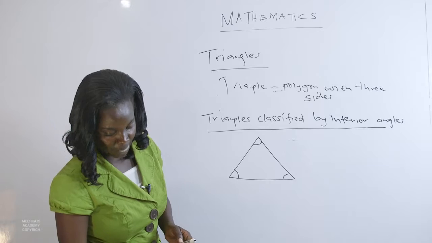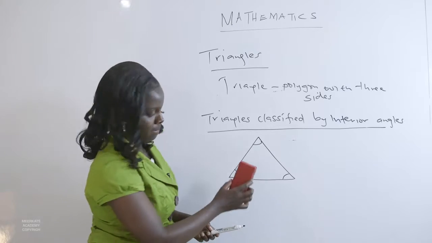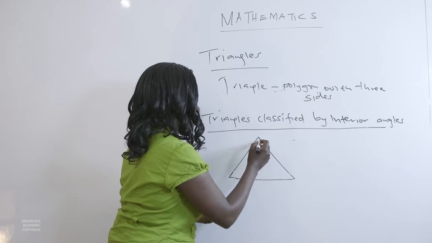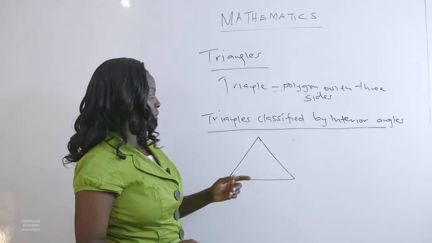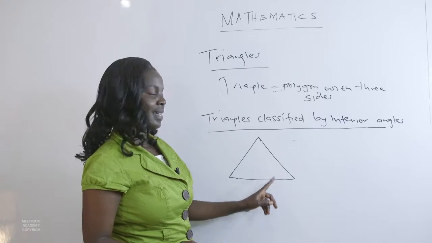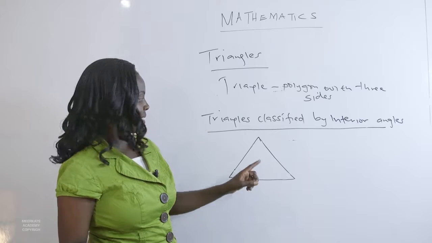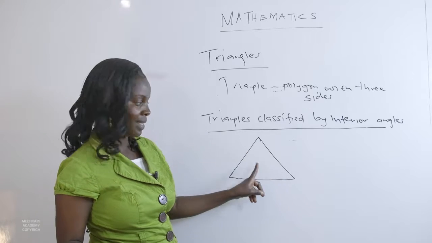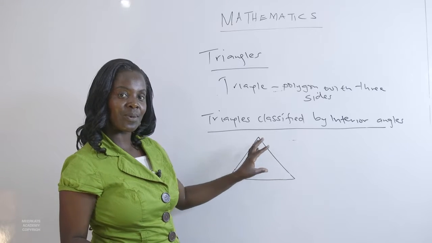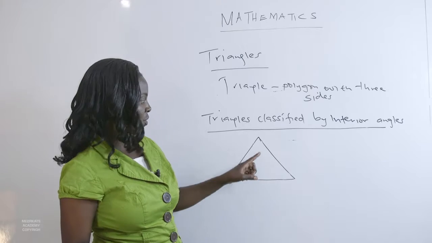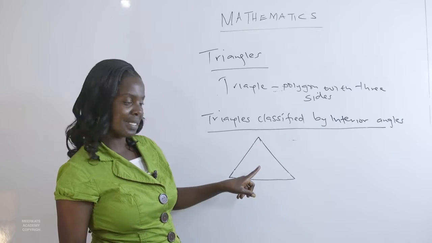For example, we can have a triangle whose 3 angles are less than 90, all of them. The 3 angles, this angle and this angle. So you realize that this is less than 90, this is less, this is less.